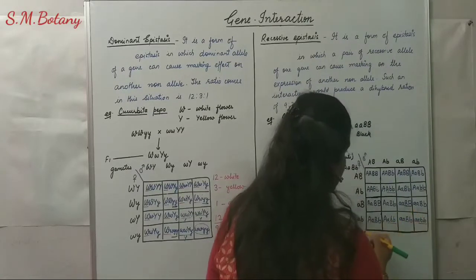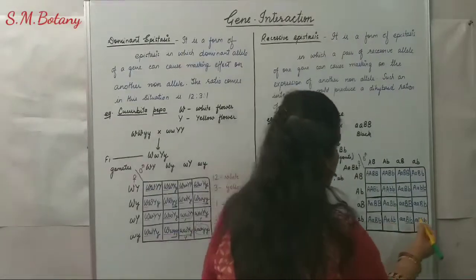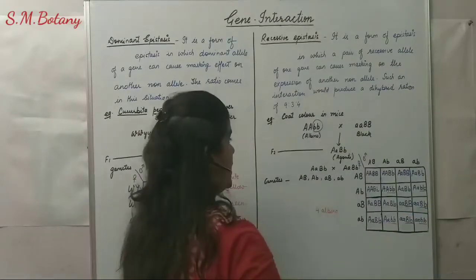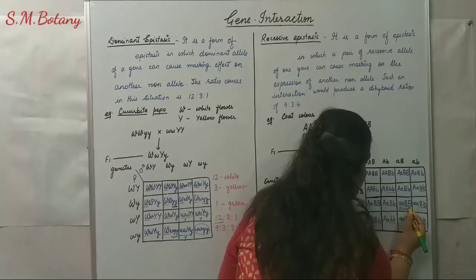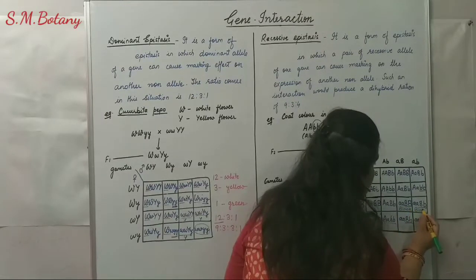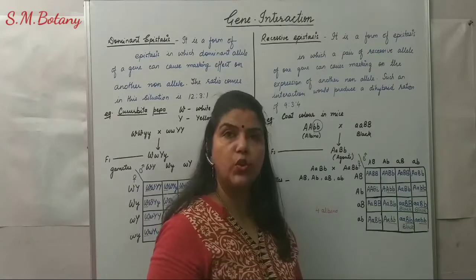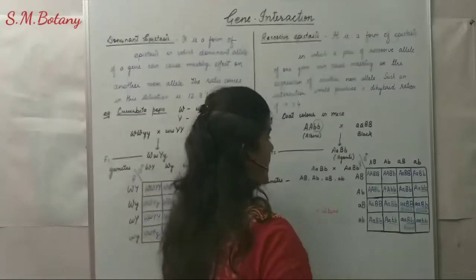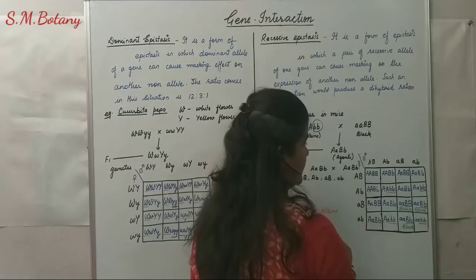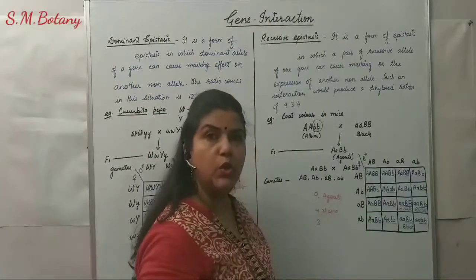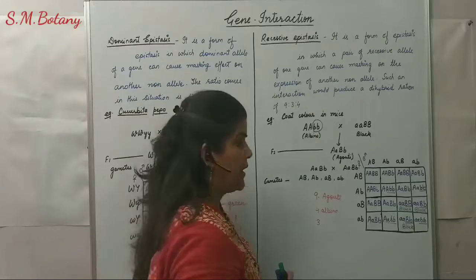Here is capital B. Here is capital B. Here is capital B. It means these 3 offspring show black color, because the capital B allele represents the black color, and the remaining ones show agouti color. So let us count 1, 2, 3, 4, 5, 6, 7, 8, 9. It means 9 show agouti color, 4 show albino color and 3 show black color.